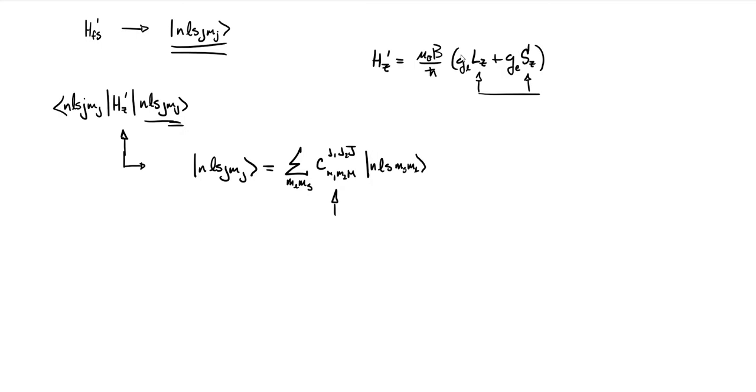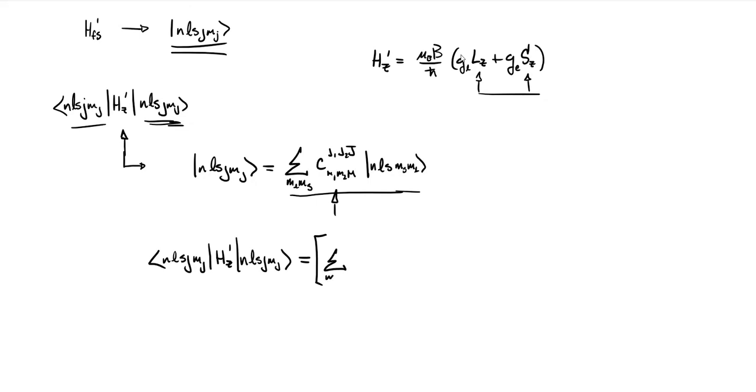When we do this, essentially what we're getting at is this n, l, s, j, m_j, H sub Z prime, n, l, s, j, m_j matrix element can be written as, subbing this for the ket side and then the corresponding bra for the bra side, a sum over m_s, m_l of those Clebsch-Gordan coefficients.